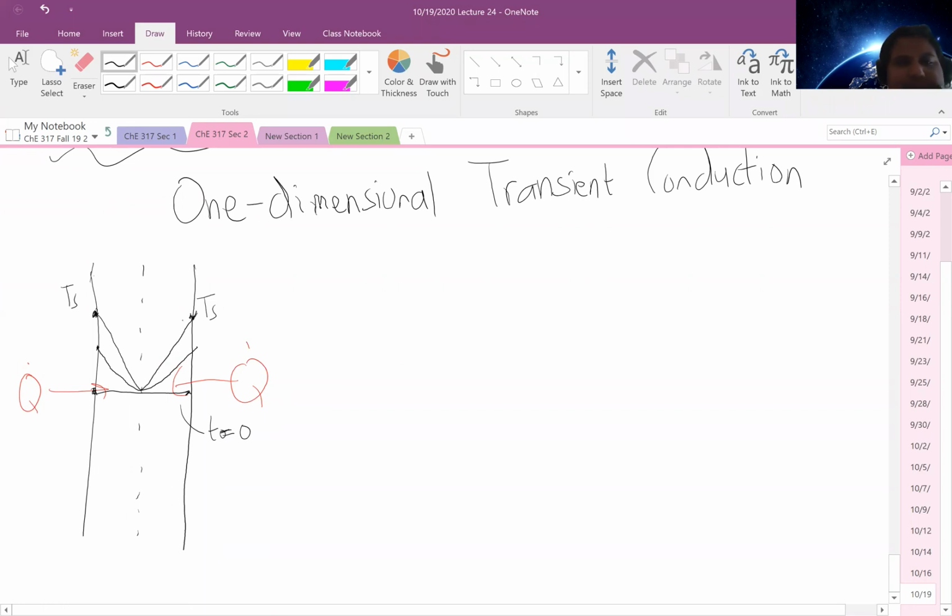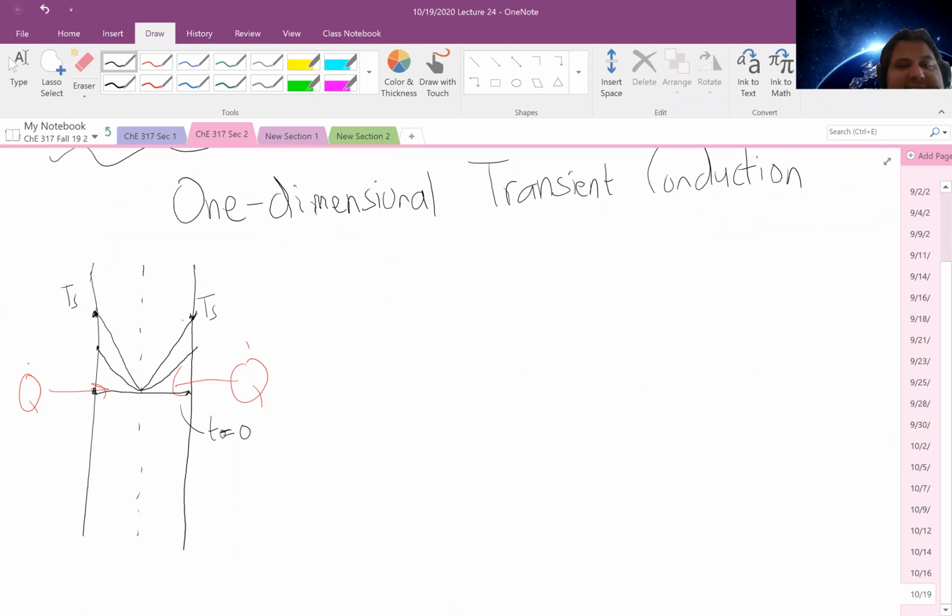However, they'll follow laws of symmetry. And what that allows us to do is to consider, well, if our object is symmetrical, all I have to really find out is essentially the temperature profile in half of my object, because the temperature profile on the other half will be the same, just flipped around. And so we can use symmetry to develop a simplified expression for the heat transfer that we anticipate in our system.